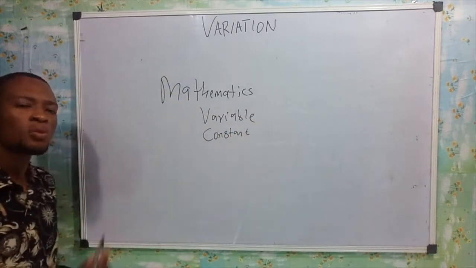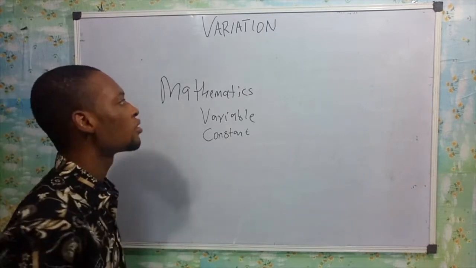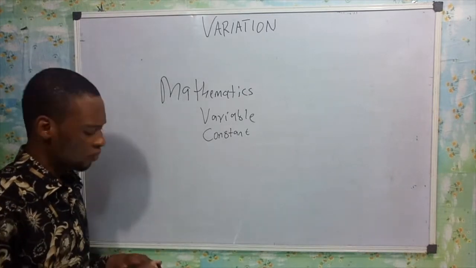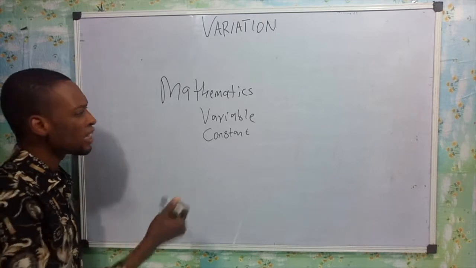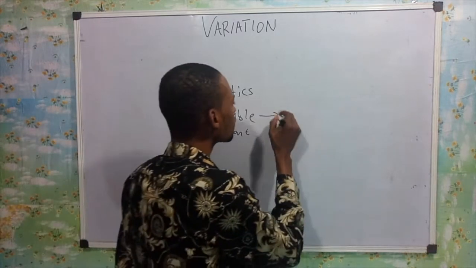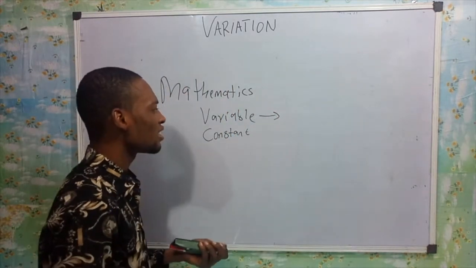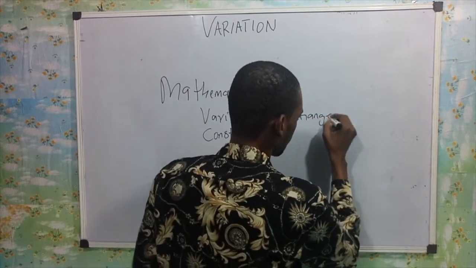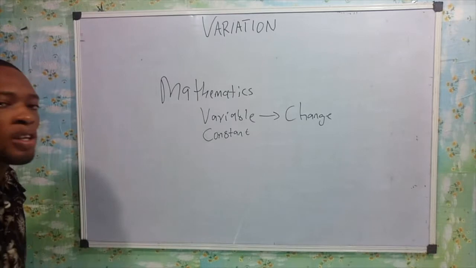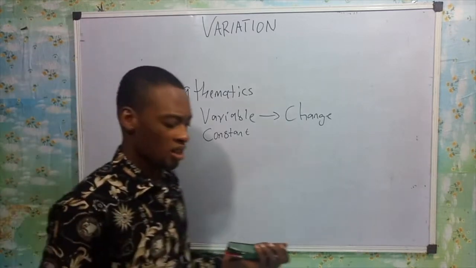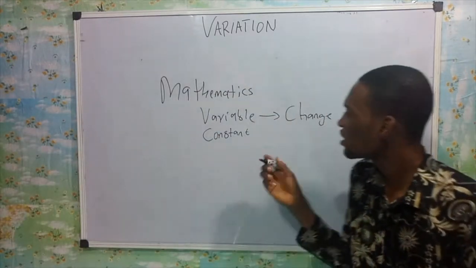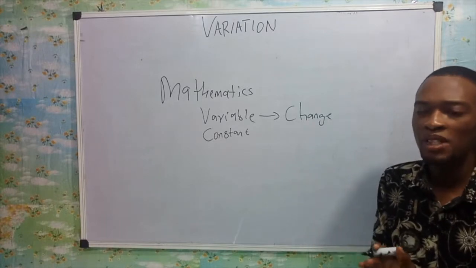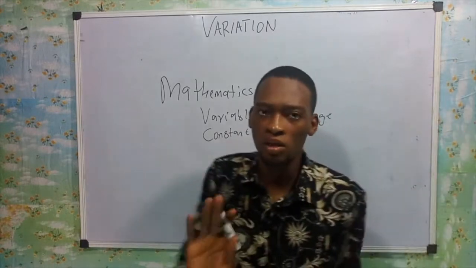So these are the two quantities we treat in mathematics. Now, as the name implies, a variable quantity is a quantity that changes. So it's easily altered. It undergoes changes. While a constant is a quantity that doesn't change irrespective of the situation. So it's just there. It's constant.